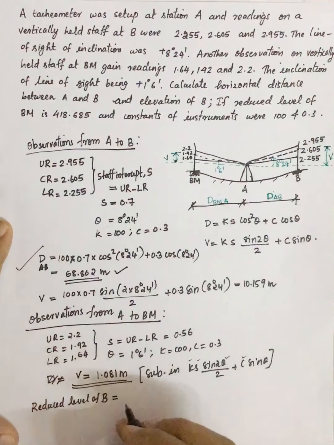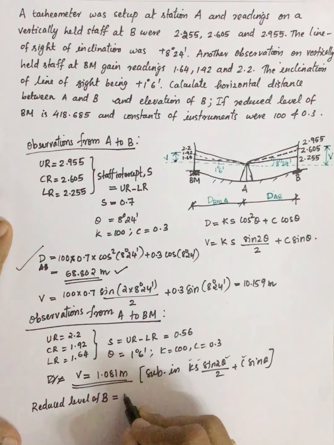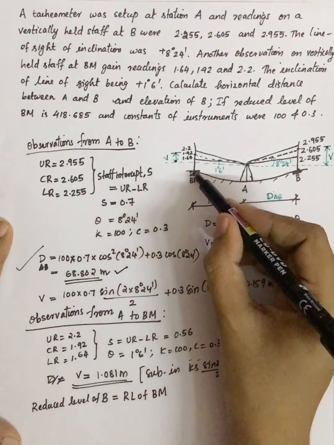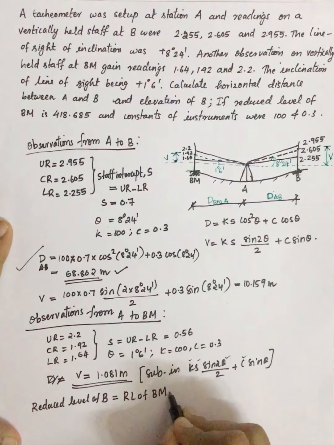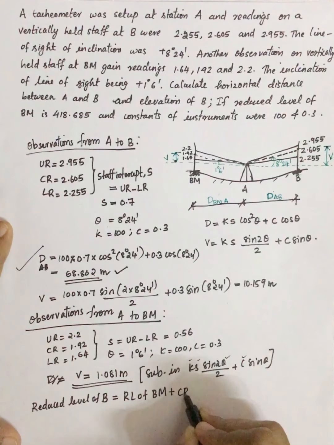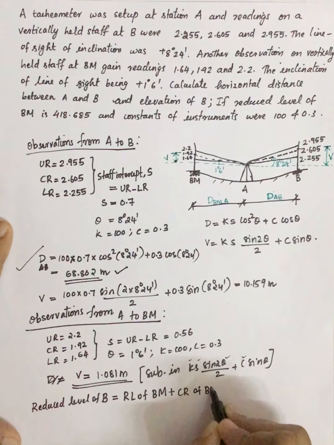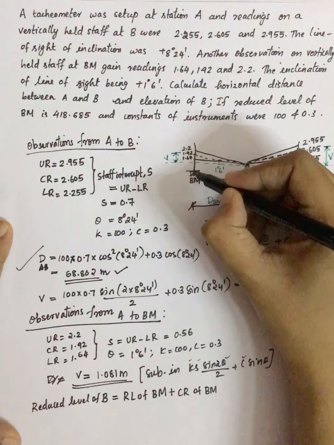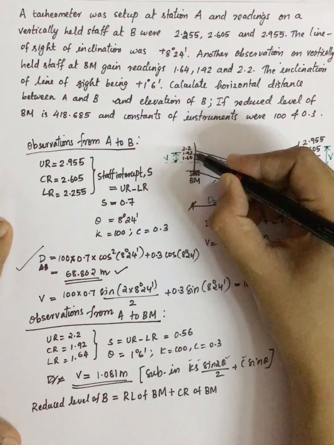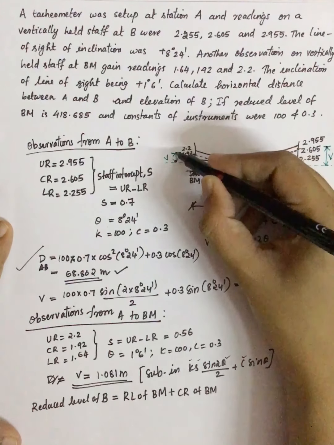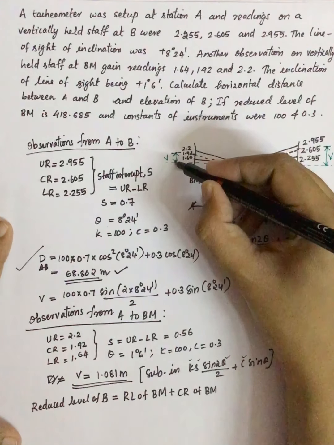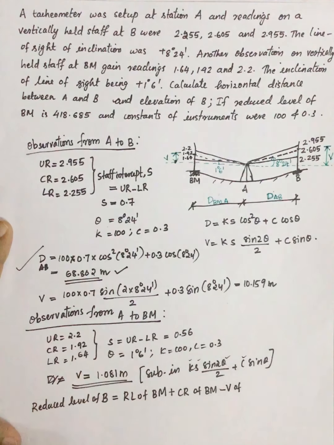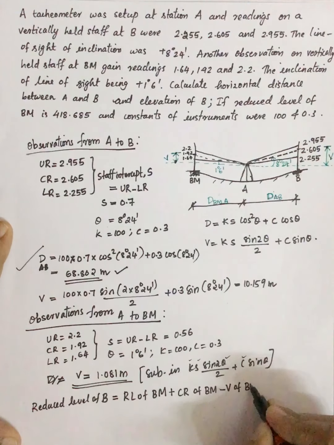Okay, so you can write, hope it's clear, reduced level of benchmark. So you are here now, that plus central reading of benchmark. So benchmark plus 1.92 will give you the point here, right? Minus V of benchmark.